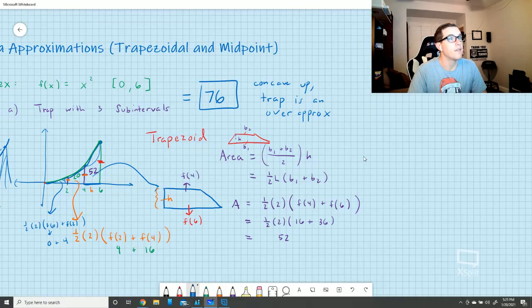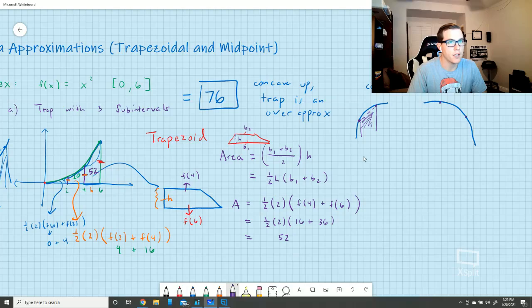If it's concave down, as we'll see in a sec, well, you could draw it. Here's a concave down increasing, here's a concave down decreasing. What happens? If you connect these two dots straight away, check it out, you're missing out on area. Same thing in this one.